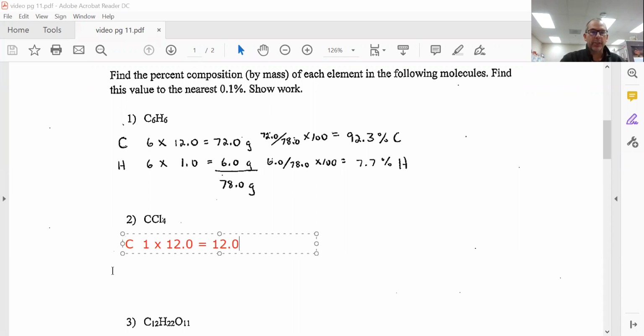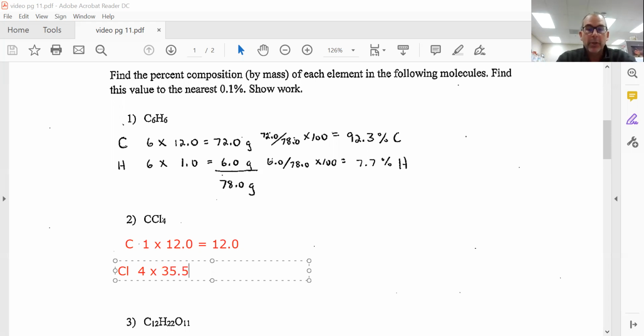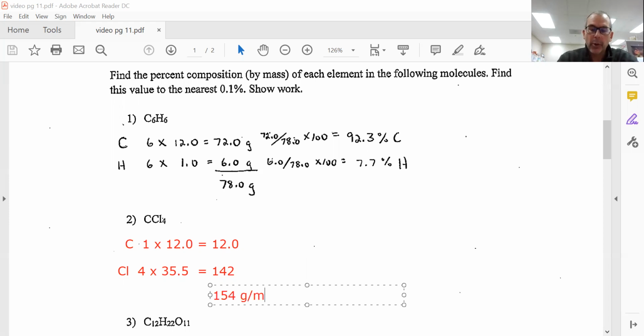I'm going to do the same thing for Cl, but this time I have 4 of them, times, and I think the mass is 35.5. You can look that up to verify. That's going to give me 142. So with 142 and 12, I end up with the total molar mass of 154 grams per mole for CCl4.